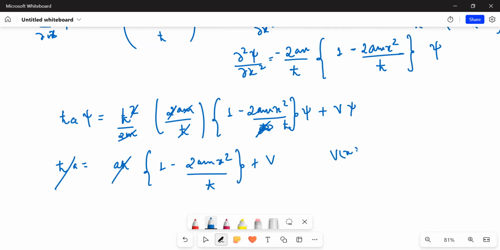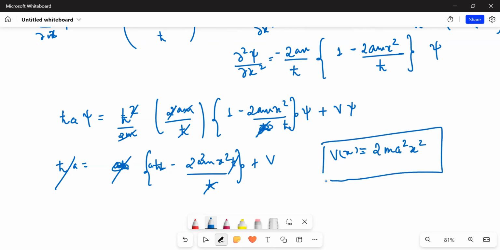So your V as a function of x will, okay, this h cat will survive now. This h cat would survive anyway. And this a would come inside also. So I'll write a h cat inside, and here I'll write a square and then h cat. So h cat cancels. So your V as a function of x would be a quadratic function. This would be 2m a square and x square.